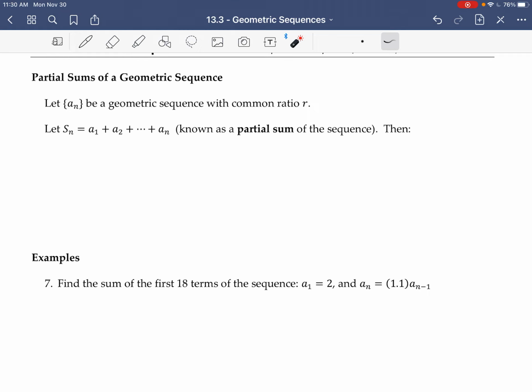Okay, so if Sn is the sum of the first n terms, that means that Sn, I could rewrite these terms. So this is A1, A2 is A1 times r, A3 is A1 times r squared, and An is A1 times r to the n minus 1.